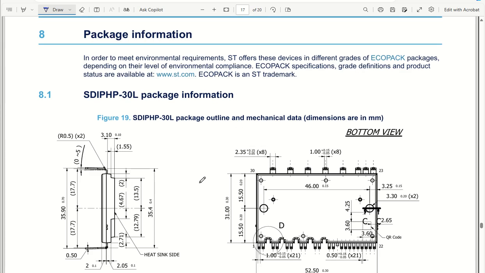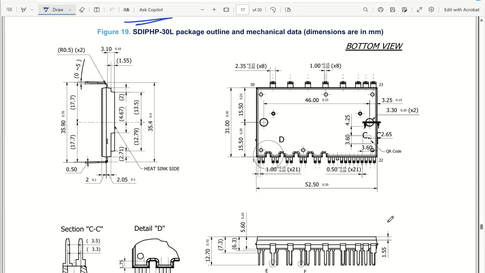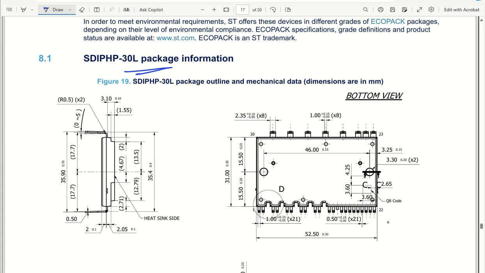Coming back to the package information. If you talk about package information, it has a total of 30 pins. Let me give you a proper understanding. Between pin number 1 to 22, we have closer functionalities, like closer pitch, and between 23 to 30 we have bigger pitch.